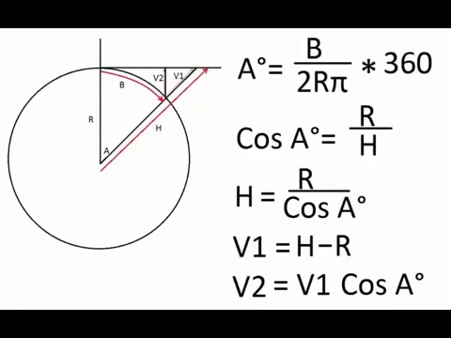Alright, let's look at how we can calculate the curvature and how we can practically achieve this experiment. If you look at the diagram, R is the radius of Earth, B will be the length of pipe along the curvature of the Earth, A is the angle from the start point where the line from the center of the Earth intersects with the end of the pipe. V1 is the distance from the horizontal line from the start of the pipe to the Earth at 90 degrees.